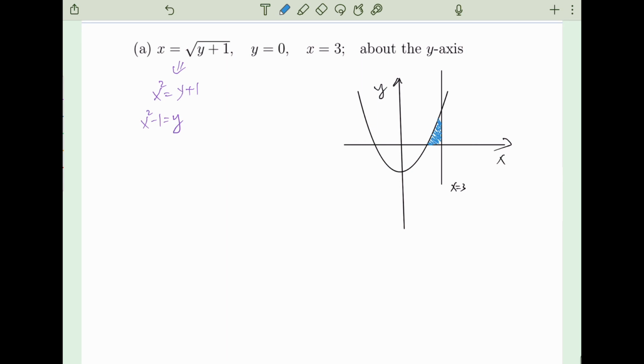To use the cylindrical methods, we will need to figure out the radius of the shell, r of x, right?